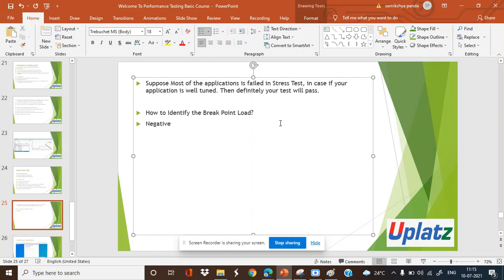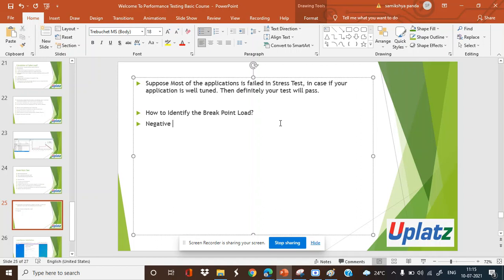Suppose there is a login portal. You don't just try the correct credentials. You even try with incorrect credentials, whether it accepts a blank username or a blank password, and you directly click on the login button. The expected result is that it should throw a message like please type the correct username or credential.